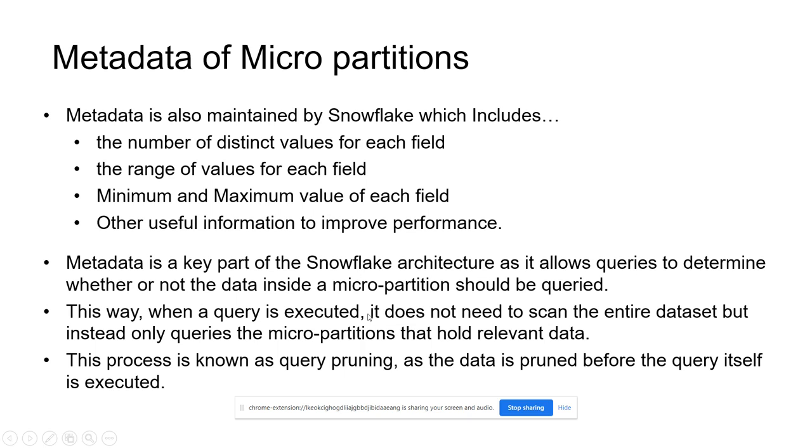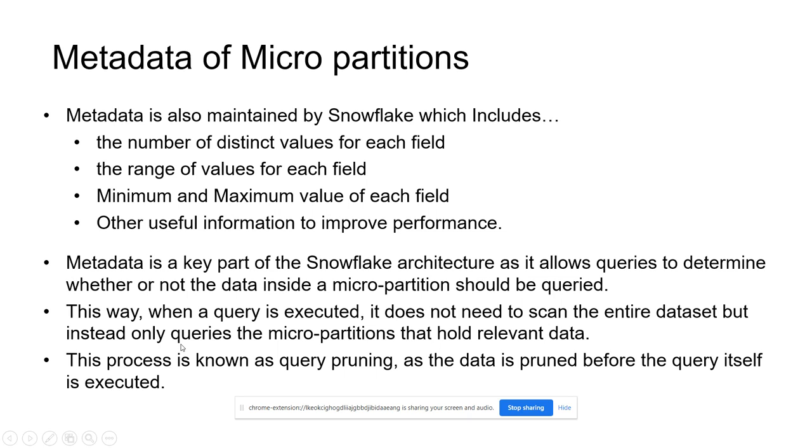This way, when a query is executed, it does not need to scan the entire data set, but instead only queries the micro partitions that hold the relevant data, as I explained with the example. This process is known as query pruning, as the data is pruned before the query itself is executed. So we call this process query pruning in Snowflake.